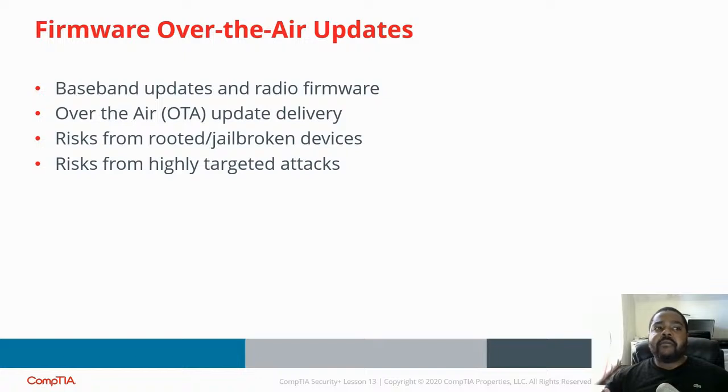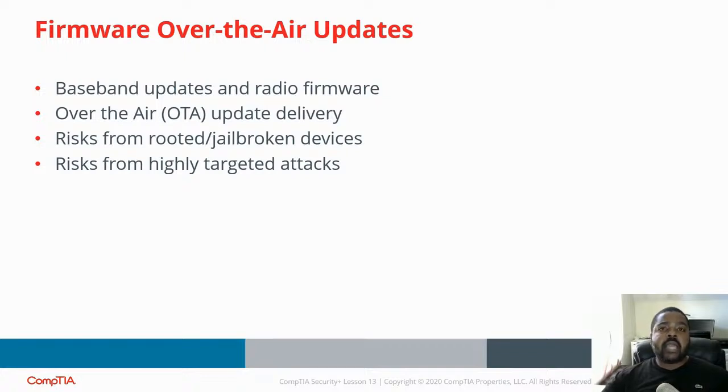So overall, we want to make sure that we have our mobile devices patched as much as possible to ward off any type of vulnerabilities that may be on them. Just like how we want to take care of our PCs, laptops and servers, we want to take that same approach when it comes to the firmware on our actual phones.